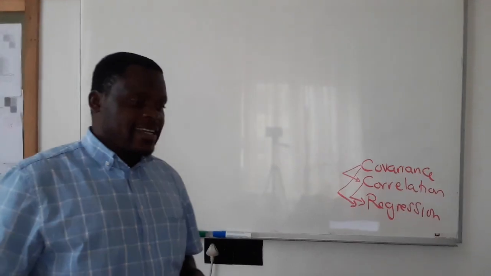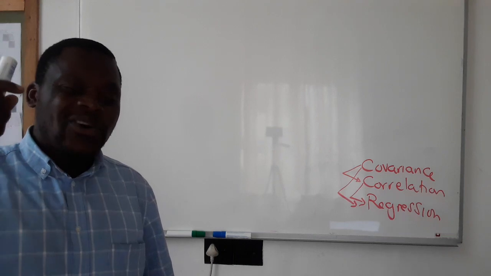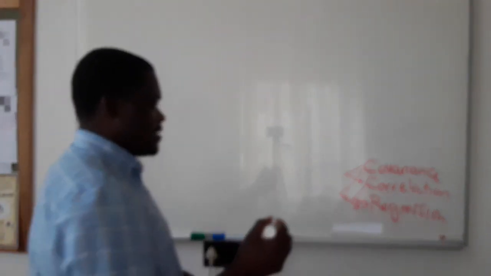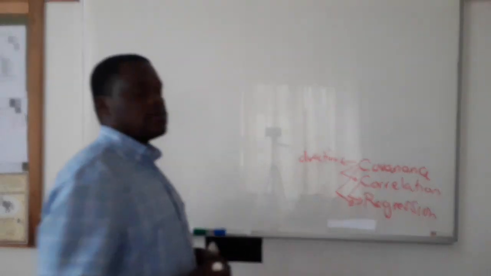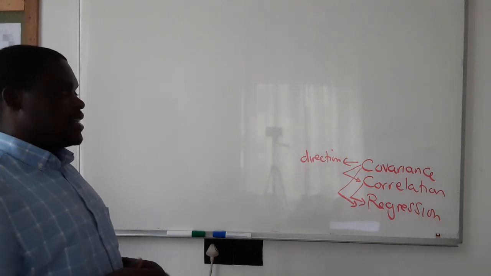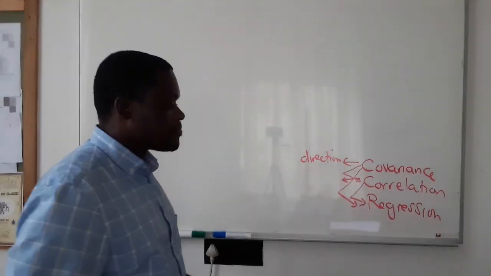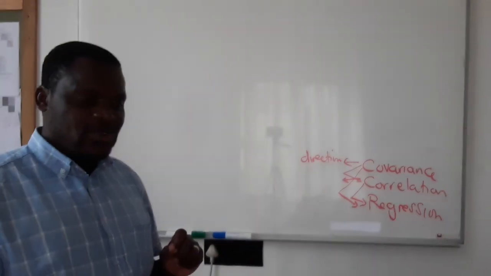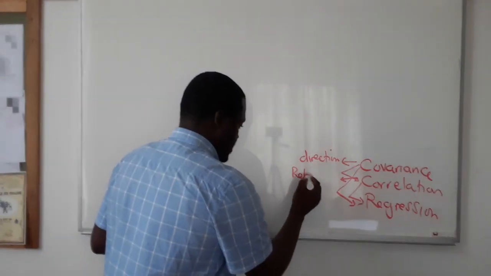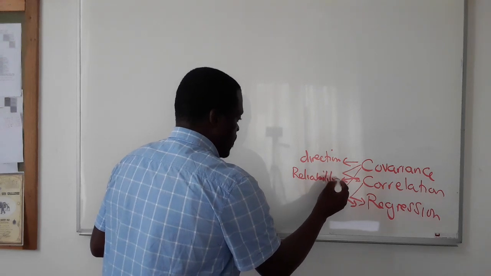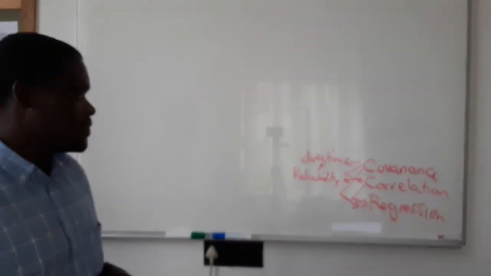So technically, covariance measures the direction of the linear relationship, the direction of association, between any two variables. Correlation, on the other hand, performs the same function, but the difference is that it measures the reliability of this direction of association.